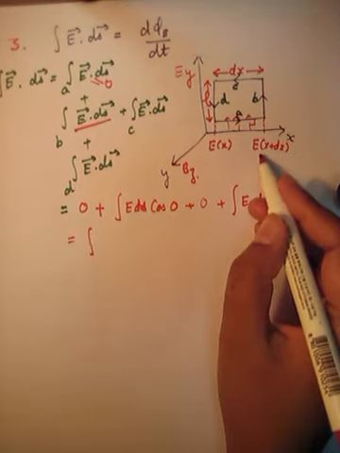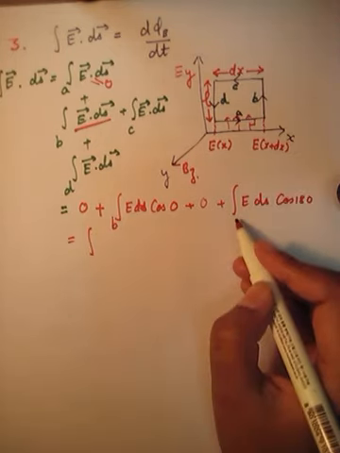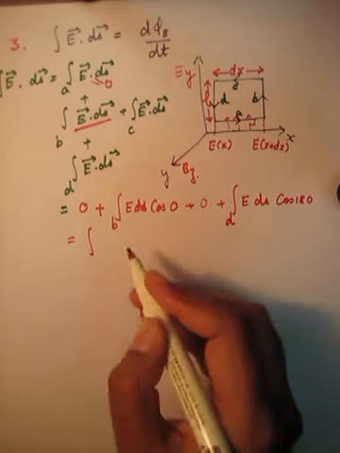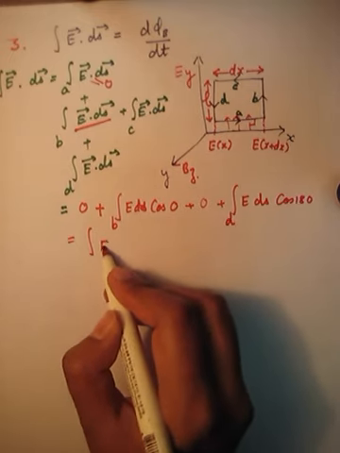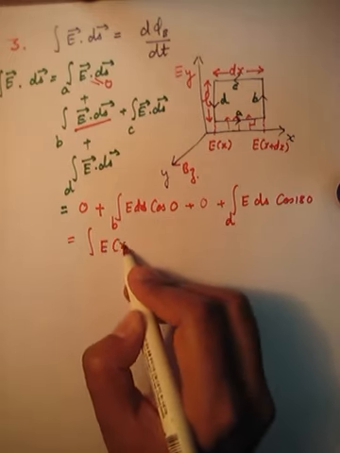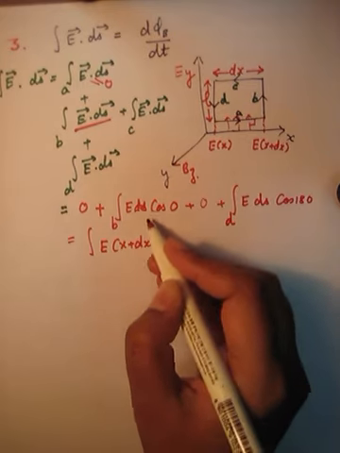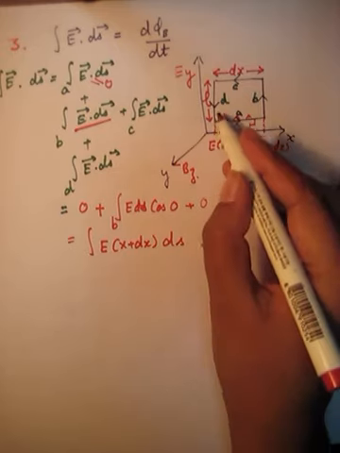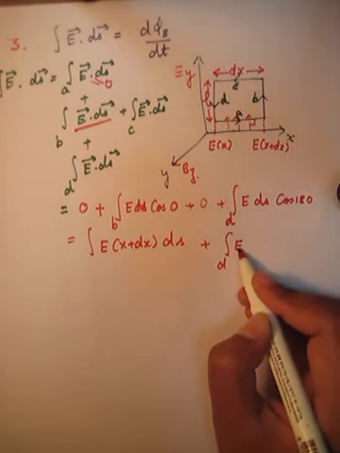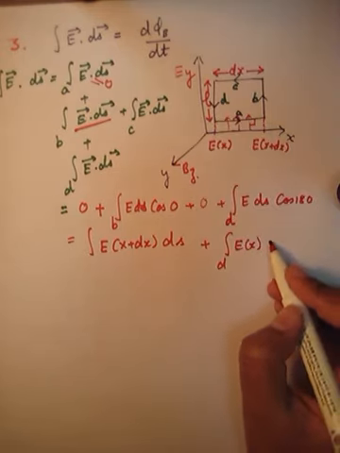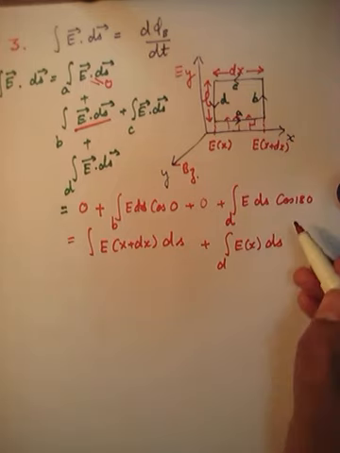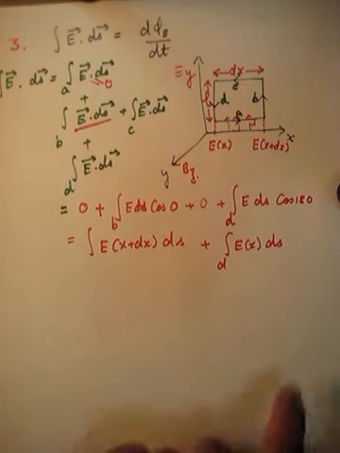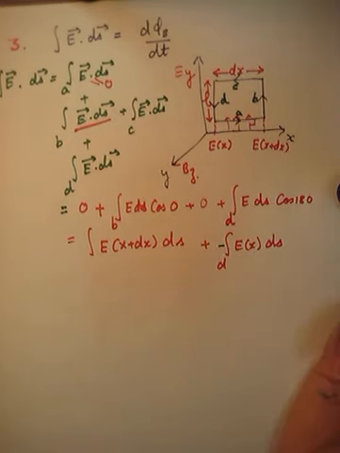So this is for B and this is for D. For B the electric field is a function of x plus dx, and ds, plus the integral of D, and for D the electric field is a function of x and ds, and because of 180 degrees you should get a negative sign here.